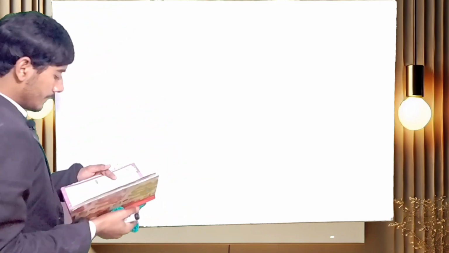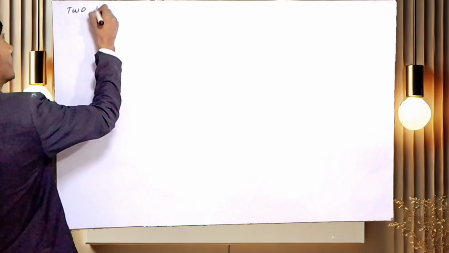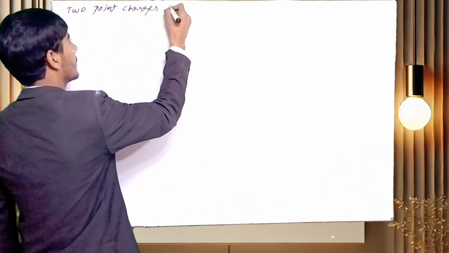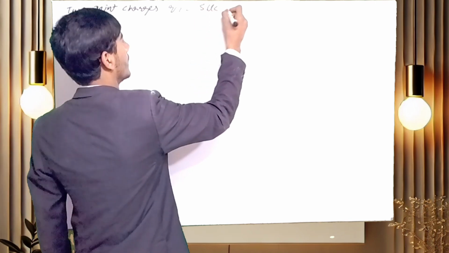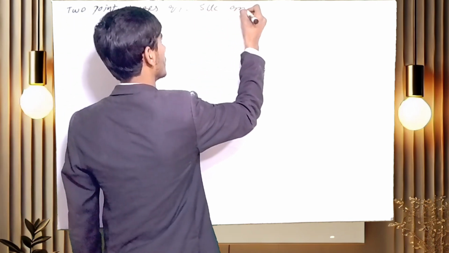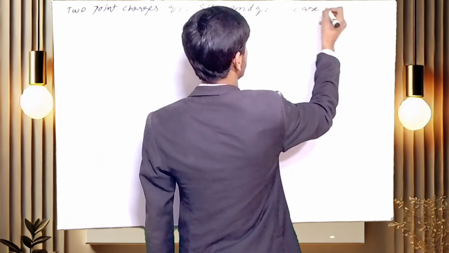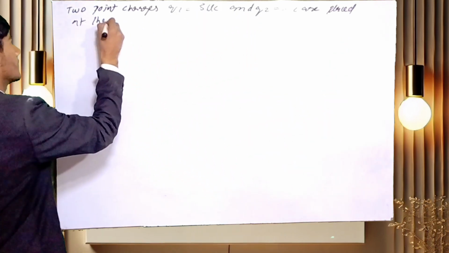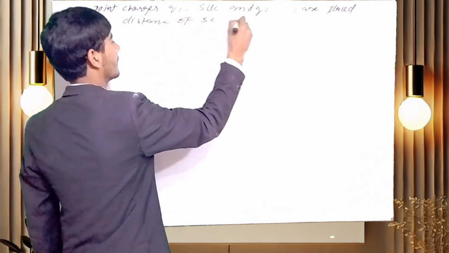Now the second problem: 2 point charges, Q1 is equal to 5 microcoulomb and Q2 is equal to 3 microcoulomb, are placed at a distance of 5 centimeter.